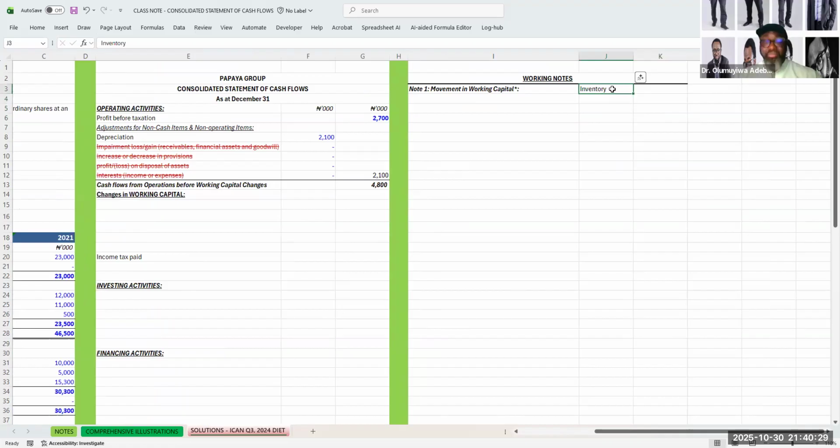Okay, let me do it one by one. A. I have inventory. Let me call it group inventory. Under group inventory, all figures in thousand.